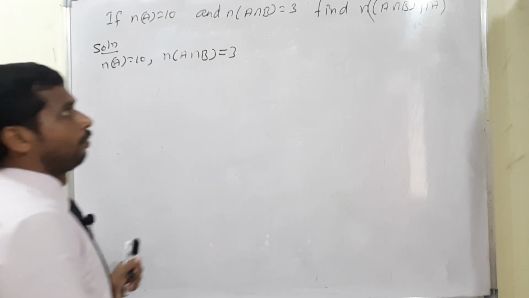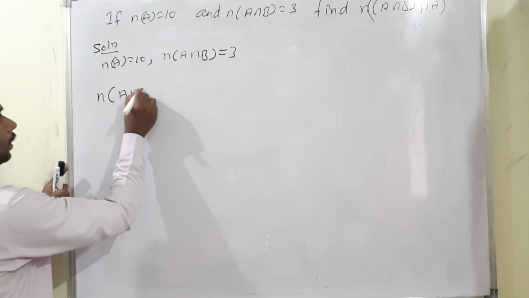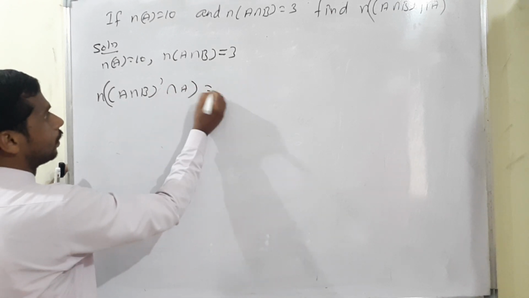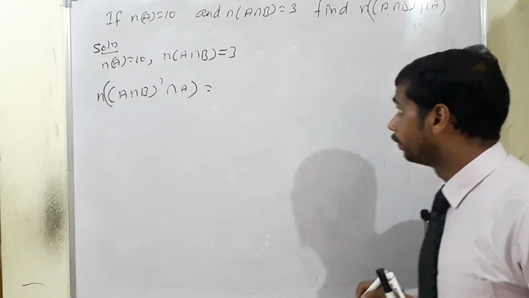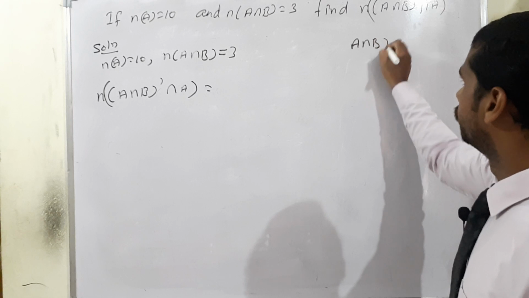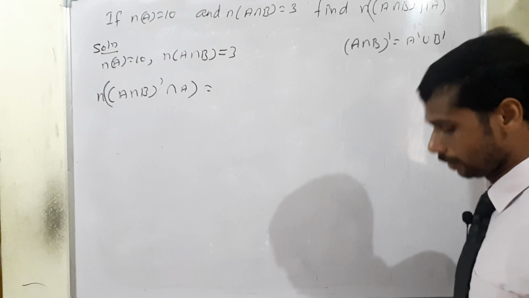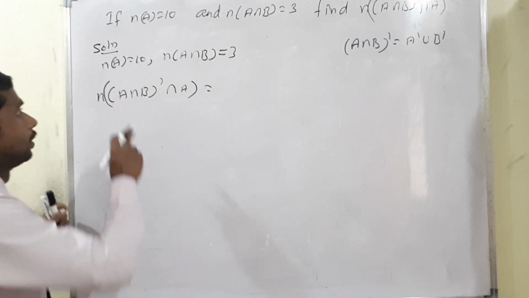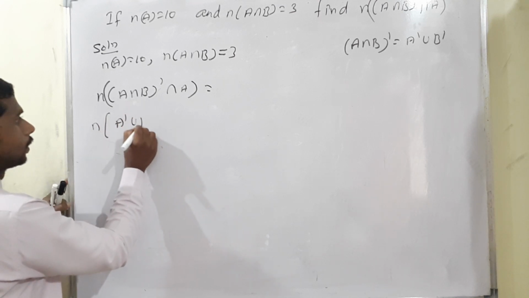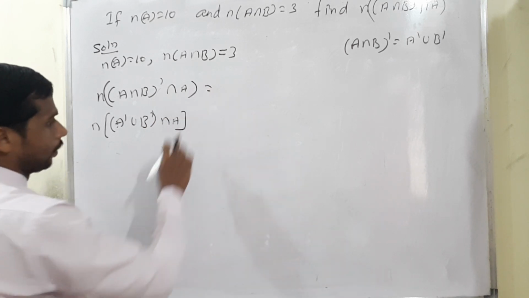Now find number of A intersection B dash, again intersection of A. Already we learned De Morgan's law, A dash, B the whole dash is equal to what is the meaning? A dash intersection means union of B dash. Therefore, inside intersection, we can write number of A dash intersection means union of B dash, then intersection of A. This is the way, okay?